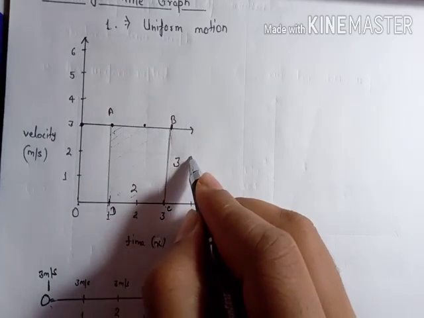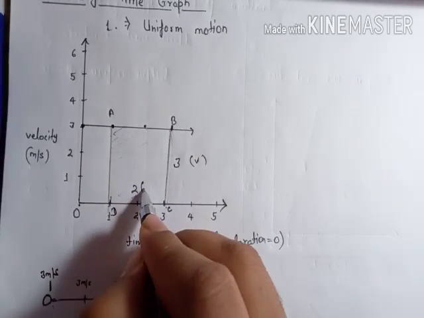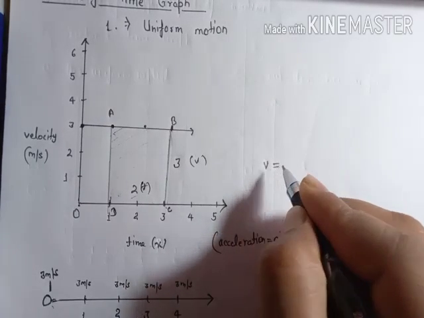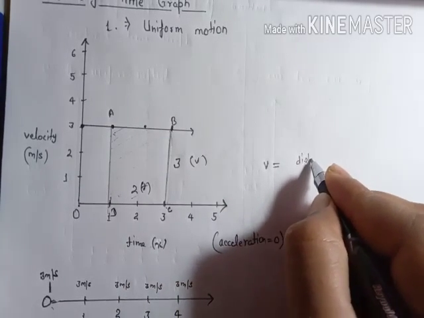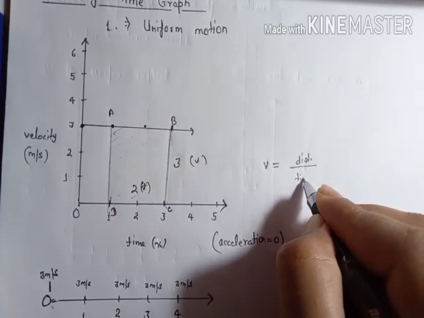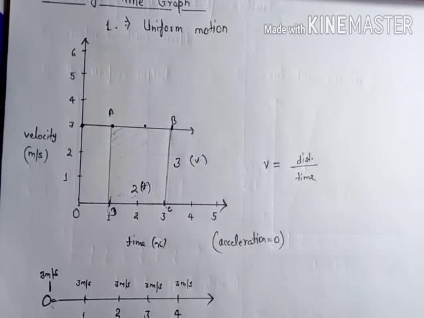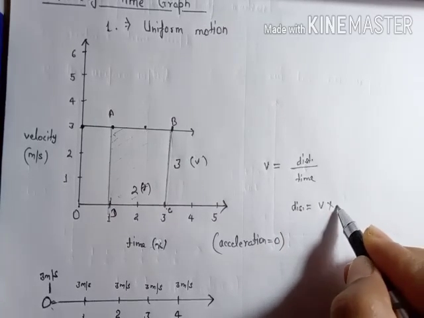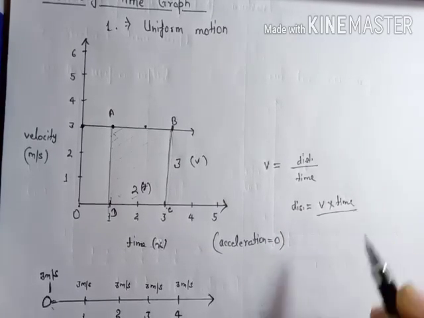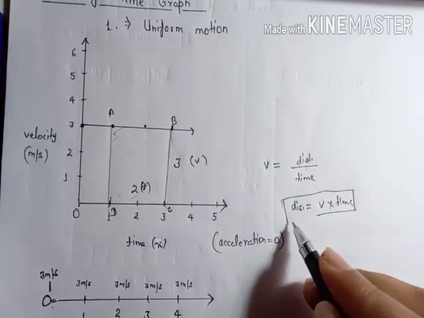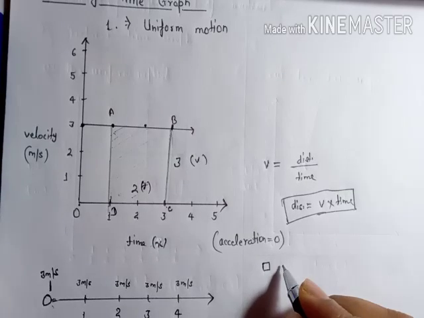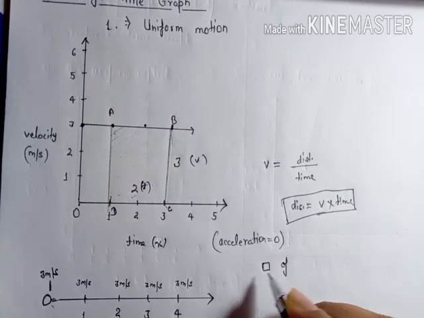See, this is velocity, and here this is the time, and you know velocity is equal to distance upon time. So when you have to calculate distance, multiply velocity and time. Okay, this is the formula for distance. Now you get the area of this rectangle. Area of rectangle, here I have to write area.